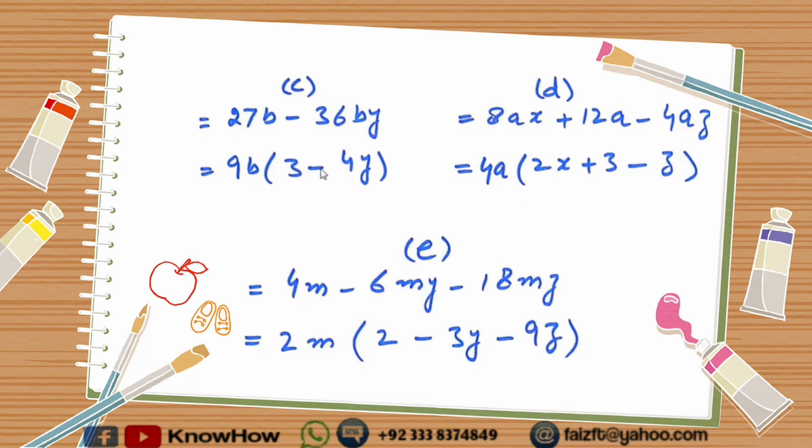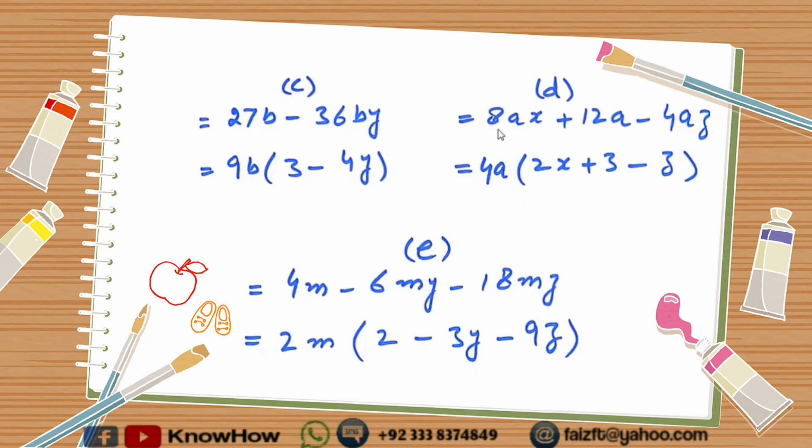Then the minus sign over here, and 36 divided by 9 gives 4, and again b is written outside of the bracket, so the only thing we have to write inside is the y, so 4y will remain inside the bracket. So 9b bracket start 3 minus 4y, and if we multiply 9b with 3, we get 27b, then minus, and 9b multiplied with 4y gives 36by.